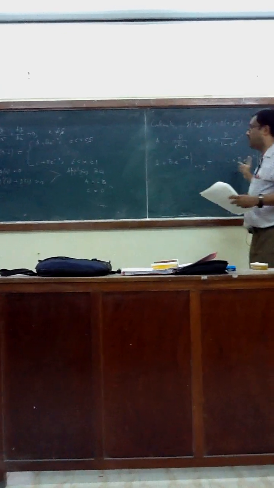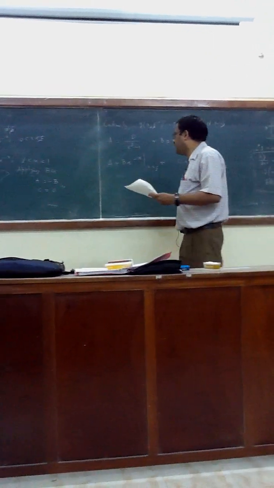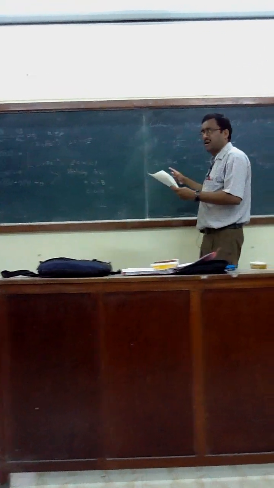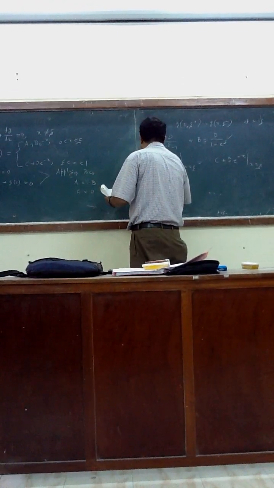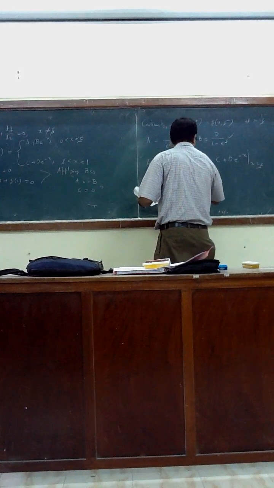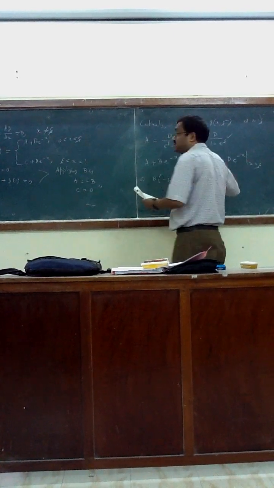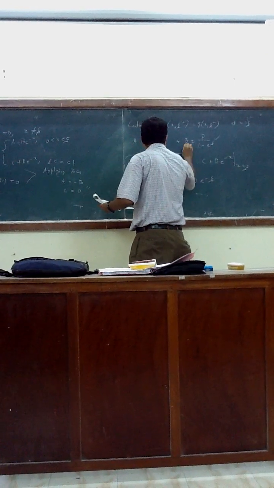So there is no question to have z in the final expression. And A equals minus B. If you put it, you know the solution. So it will be (B minus 1) e to the power minus z equals D e to the power minus z. C is already 0, and that will give the final expression.